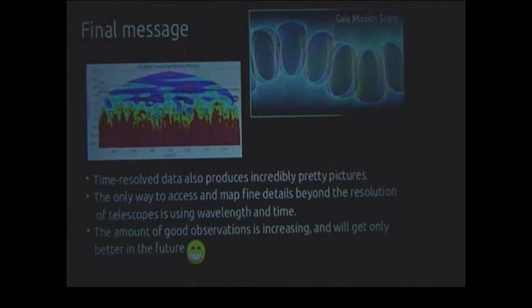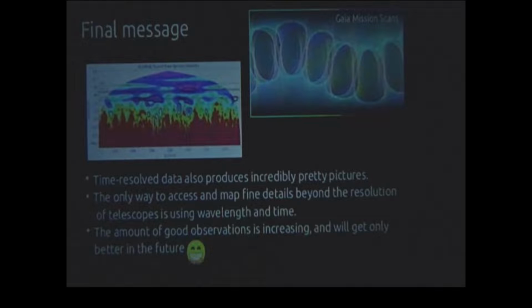People tend to think that the nice pictures come from when you get a nice picture and you see the sky and the nebula, and it's also cool. But actually the time-resolved data also produces nice pictures, and I'm showing you here other nice pictures. This is one of the pictures I use for trying to find the period of a star. This is for J1604. It's what is called a wavelet analysis. It looks very cute.